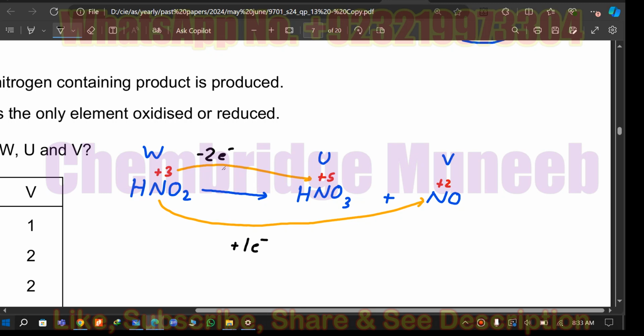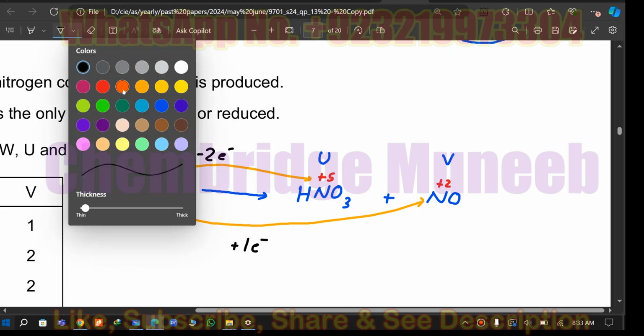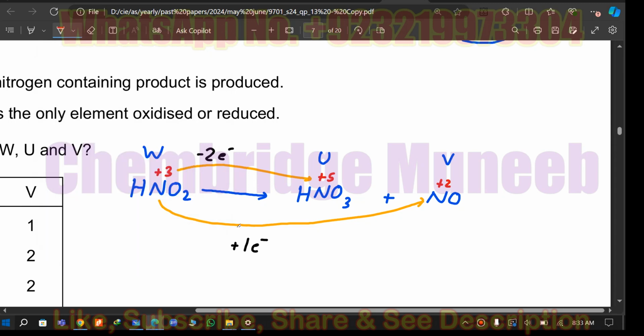Now we have to balance these electrons. It can be clearly seen that we need to multiply this 1 electron with 2 to balance electrons. Since there are 2 electrons which are being lost and 1 electron which is being gained, we have to balance them. So I will multiply this electron with number 2, and the electron which is lost should be multiplied by 1. So I have done this. Now when we write the electron with any number, it means we have to multiply that number on the chemical equation as well.